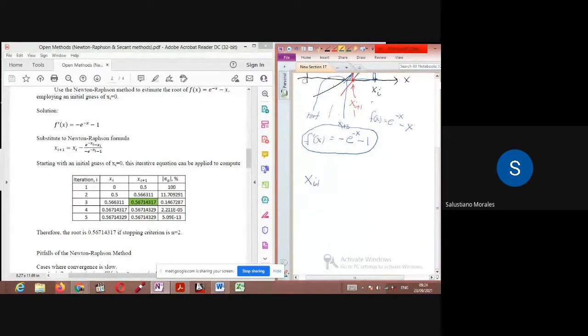So x sub i plus 1 is equal to x sub i, which is 0, minus, e raised to negative 0 minus 0, all over negative e raised to negative 0 minus 1.